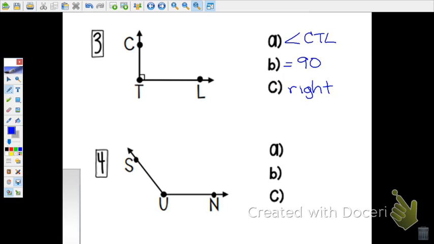And then the last one, Cadence. What did we do for the last one? Angle SUN. Okay. So what's the measure? Greater than 90. So it's classified as obtuse.